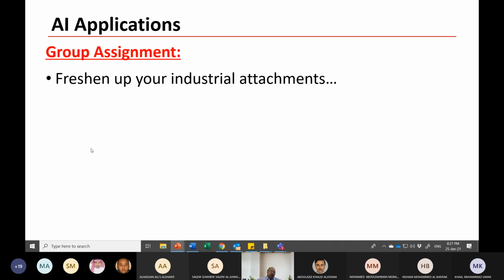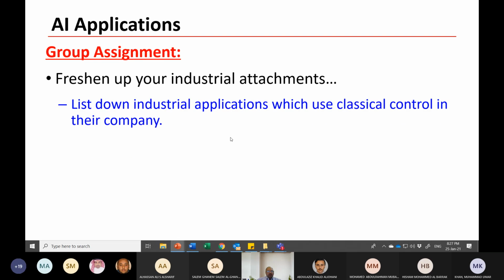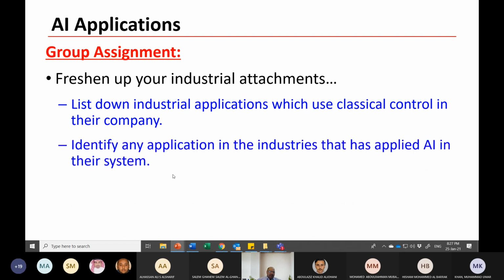I would like each group to freshen up your industrial attachments or knowledge and list down industrial applications which use classical control in their company, and identify any application in the industries that has applied artificial intelligence in their system. And you can search for some of the industries that have started to implement it.